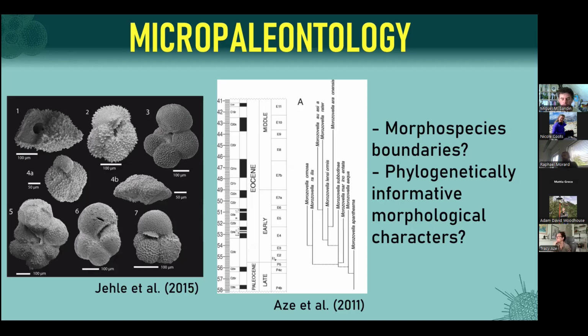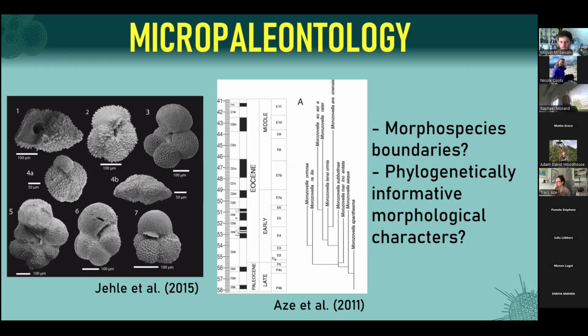In other words, what are the morphological characters that you can truly use to infer this topology and interpret the evolutionary history.